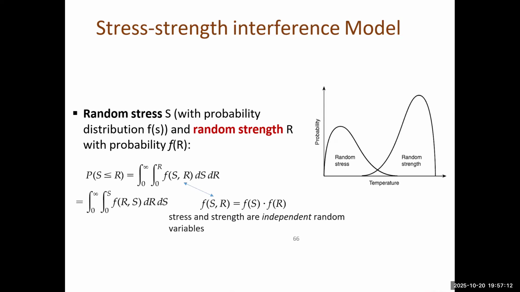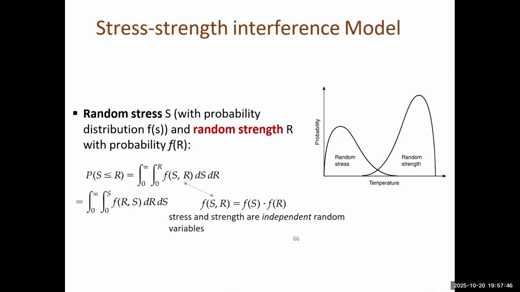What does it mean? For the inner integral in our second formula, we ask, for a fixed value of stress S, what is the probability that the strength R is greater than this S? It is the probability that the component survives a specific stress level. The outer integral then sums this over all possible stress levels. That gives us the second formula.